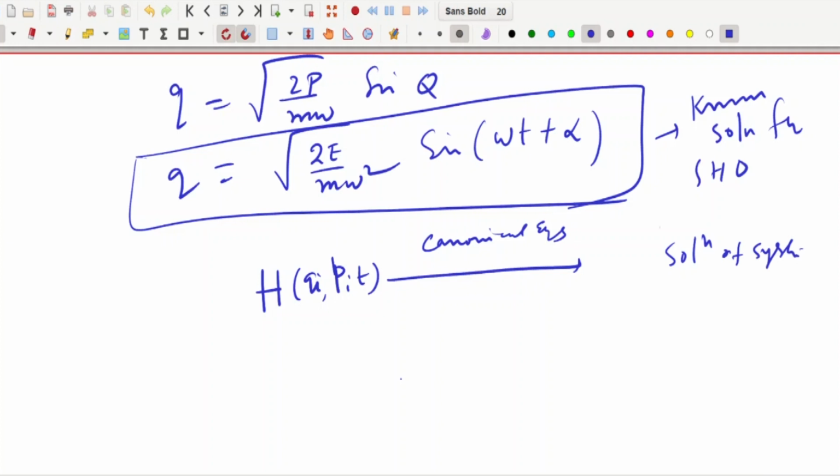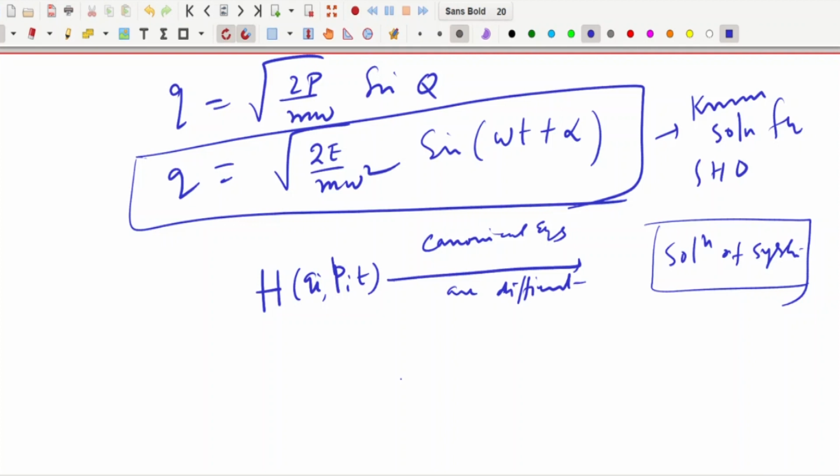Okay. So if you want to go to the solution of the system, but you cannot go by this direct process, because canonical equations are difficult or complicated to solve.